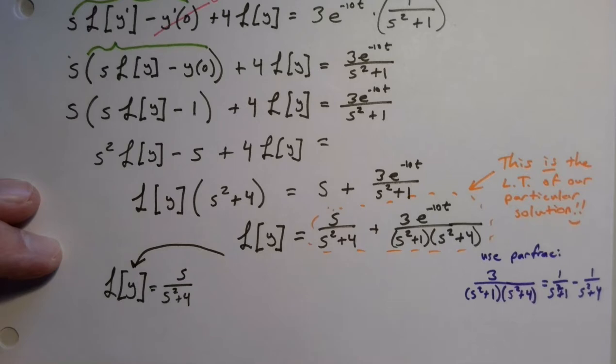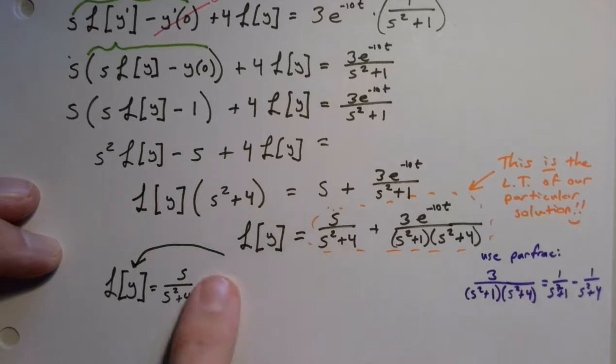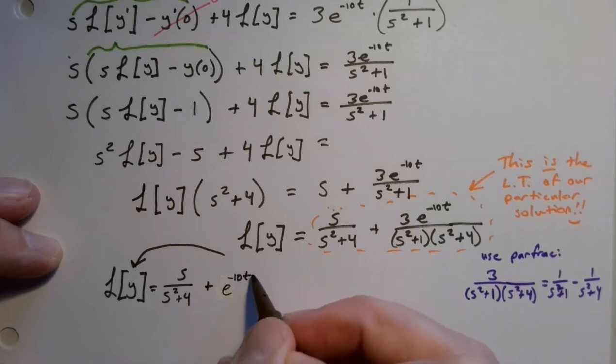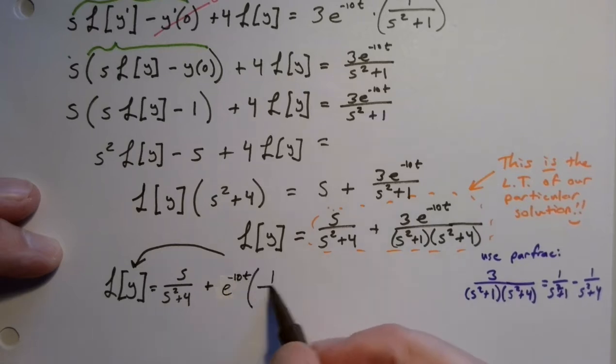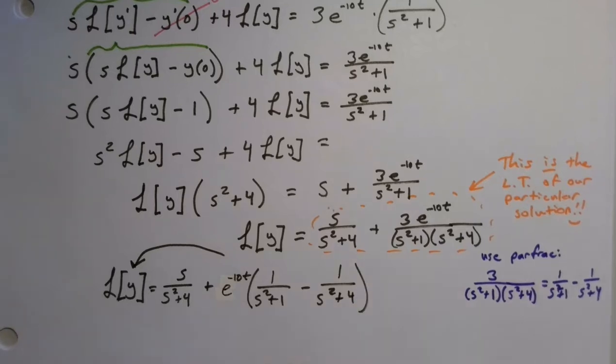That's actually going to be a cosine function, plus, I'm going to leave our exponential out front here, e to the negative 10s times 1 over s squared plus 1 minus 1 over s squared plus 4. And with a little bit of help from the Laplace transform tables, these both should look pretty familiar.